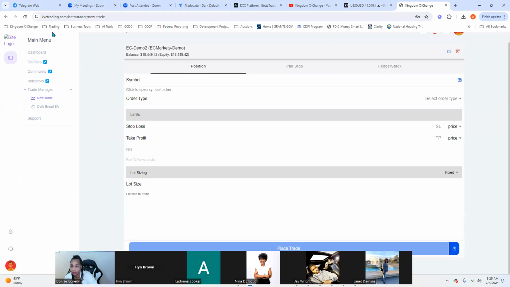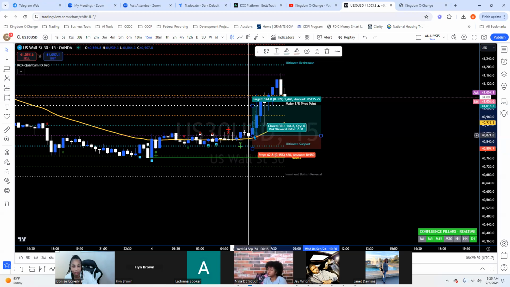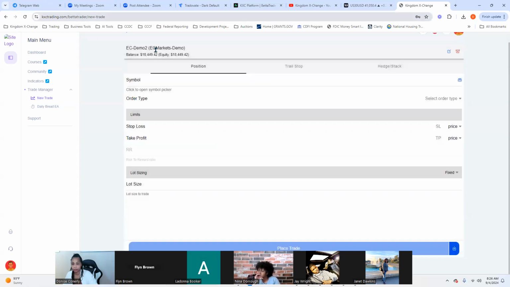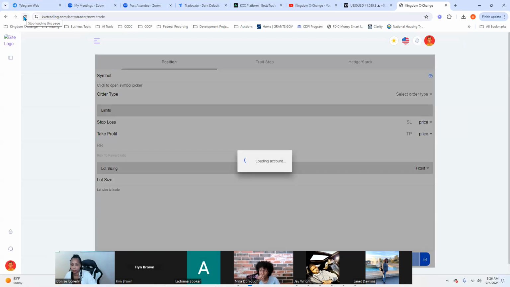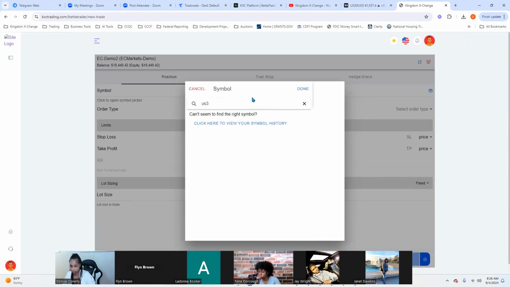So for instance, let's just say this was my trade. This is my entry. I want to enter at 40870. We know it's not going to let me do it because that's not where it's at right now. So US 30. Oh, it's not called US 30.